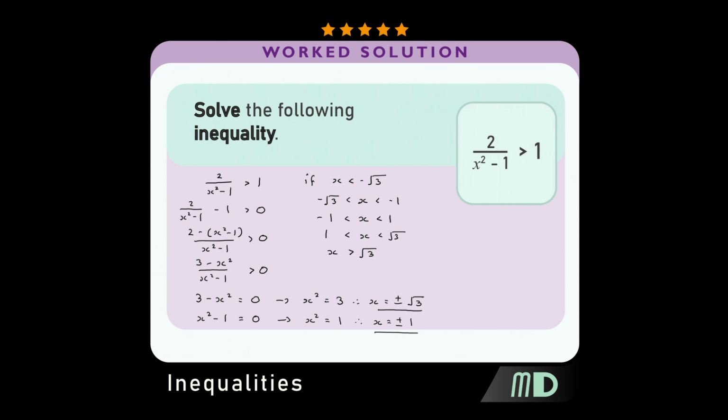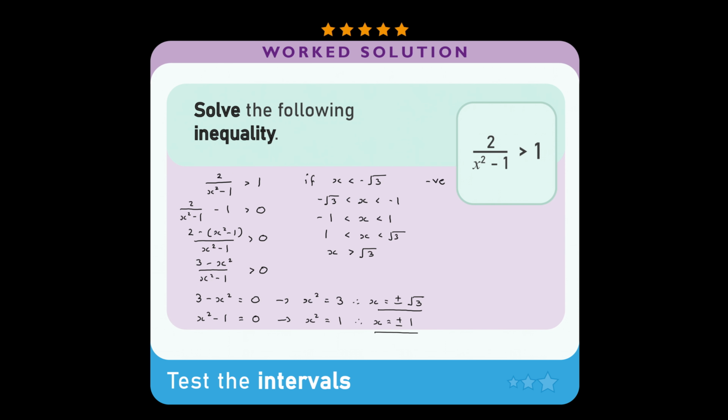Substituting values within each range into the expression 2 divided by x squared minus 1 minus 1 and evaluating the solution, we can determine which sets of values give us a positive or a negative solution. When x is less than minus root 3, the answer is negative.